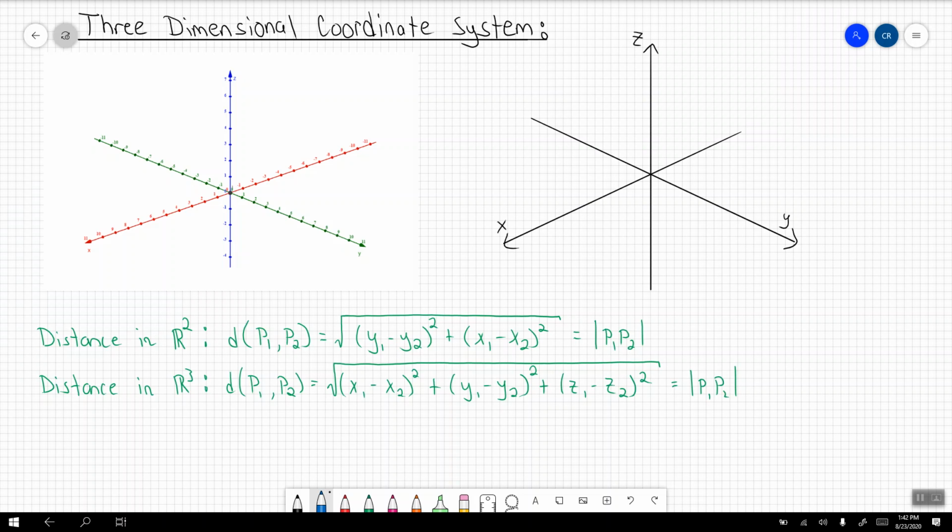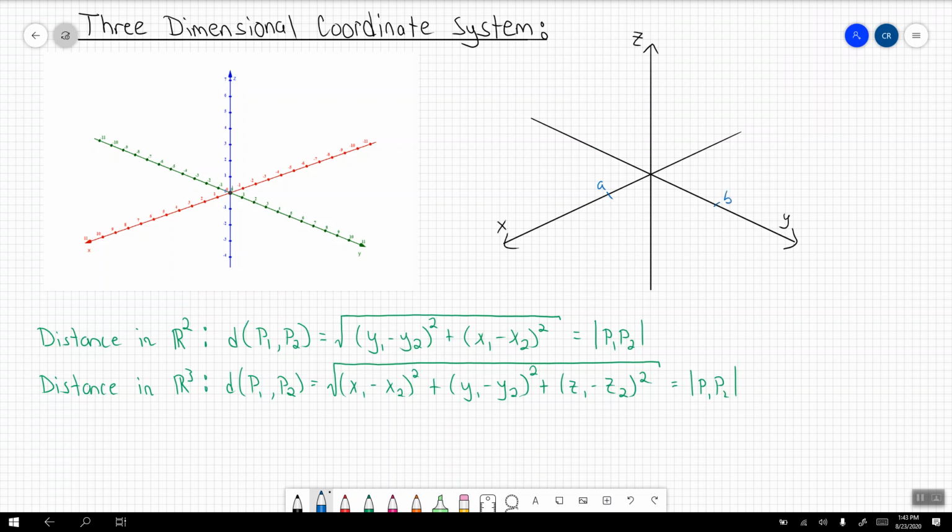Now, as far as we're concerned for the ordered triplets, every ordered triplet is going to follow the exact same pattern that we learned back in the rectangular coordinate system. We start from the origin and we move a certain amount in the x direction, whether it be to the positive or the negative side. We move to a certain portion of this, and let's call this A. After we move in that A direction, then we move in the y direction a certain amount.